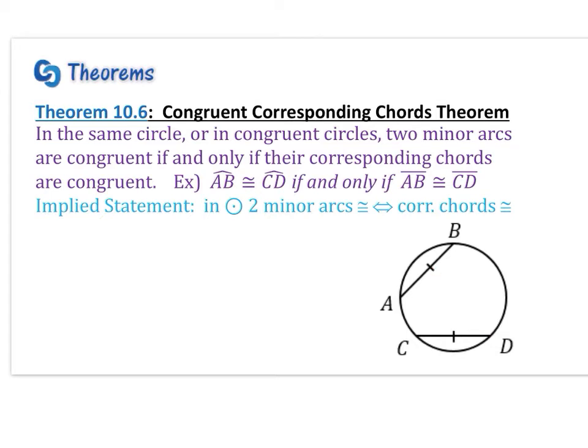So that means that our corresponding arcs are congruent. So we can say arc AB is congruent to arc CD. Again, make sure you're learning your implied statements, so it's good to practice writing them in your notes.